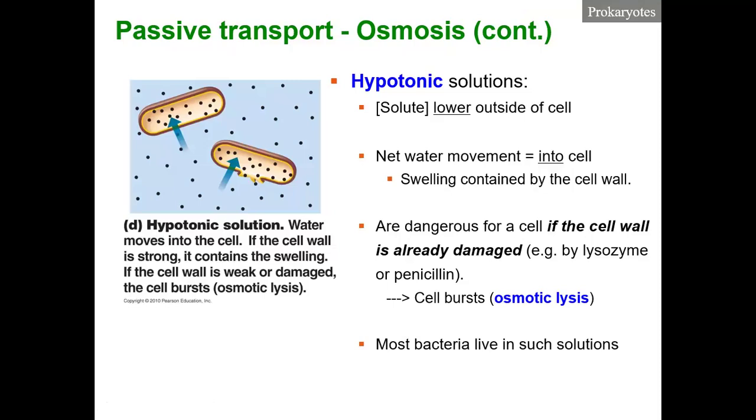And then the cell membrane will expand out of that hole in the cell wall. And that's how the penicillin G will damage the cell, because the water will continue moving into the cell until the cell membrane bursts out of the hole in the cell wall. Any question about any of that?